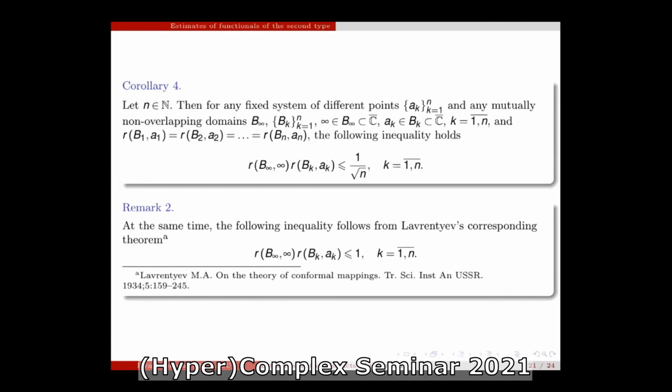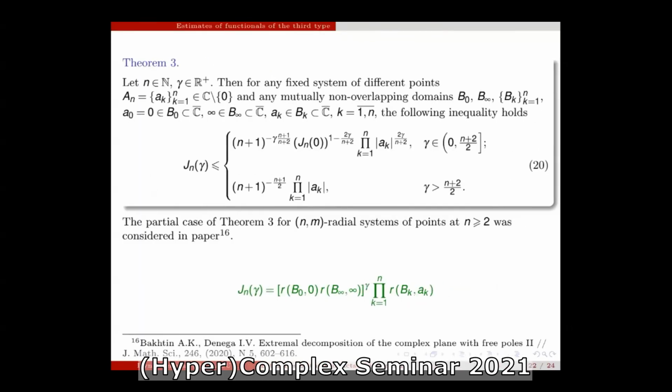At the same time, the following inequality follows from Lagrange's corresponding theorem: R(B_infinity, infinity) R(B_k, a_k) is less than or equal to 1 for all k from 1 to n. And finally, we consider the functional J_n of gamma equals this value.